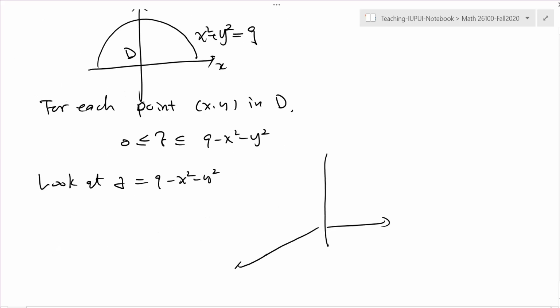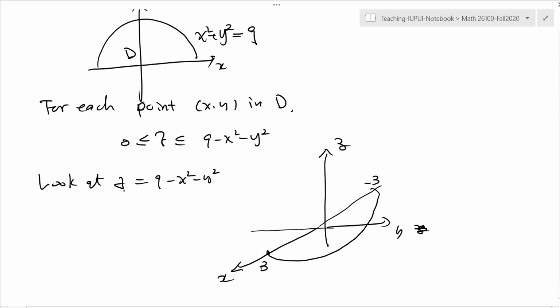Let's draw the picture now in 3D. So x squared plus y squared, it's a semicircle, right? So this is D, it's a semicircle. Here is going to be 3, that's going to be -3.